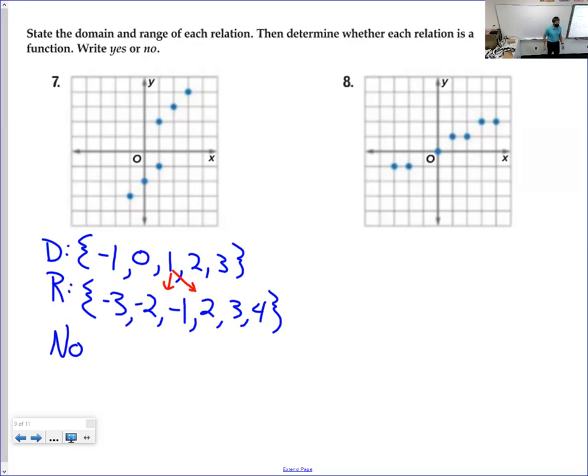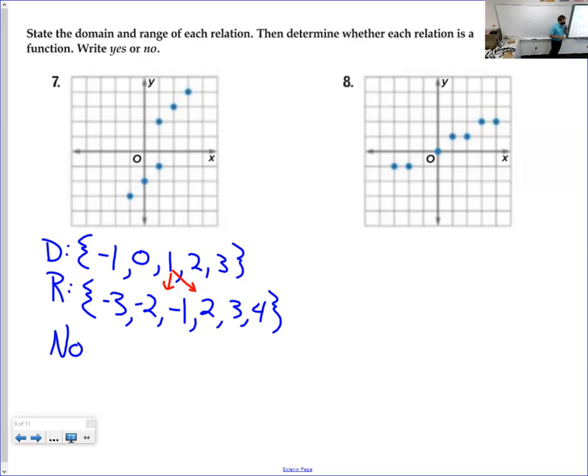If we looked at it like a mapping, 1 number in the domain goes to 2 numbers in the range. This, with the graph, actually opens up a whole other way of determining domain and range that is easier. So it actually lets us see why this is not a function, right?